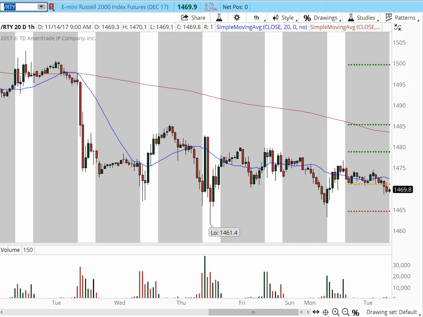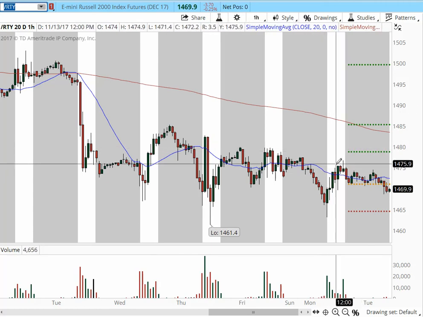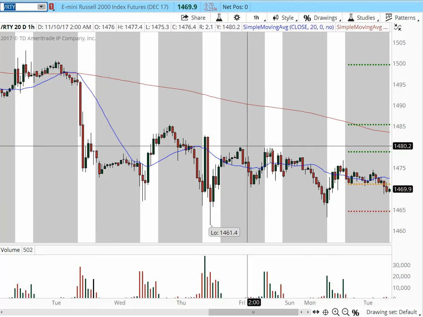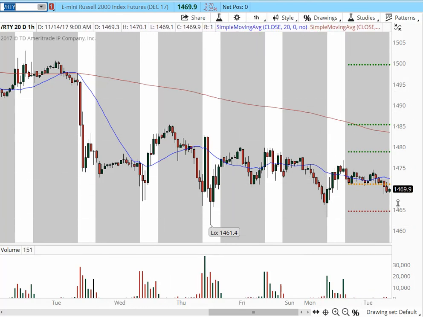RTY pointing strongly to the downside. And from that date, actually it was October 9th, it's continuing to create lower highs and lower lows. We do have these descending tops and descending bottoms.